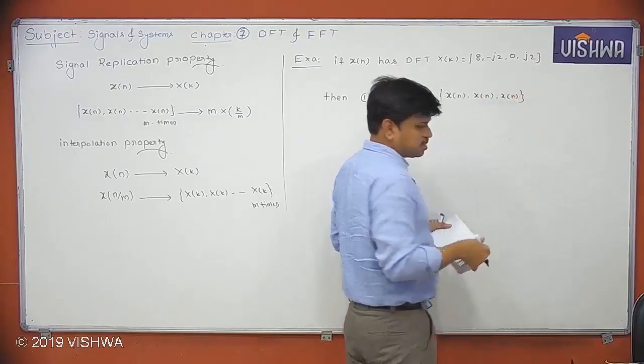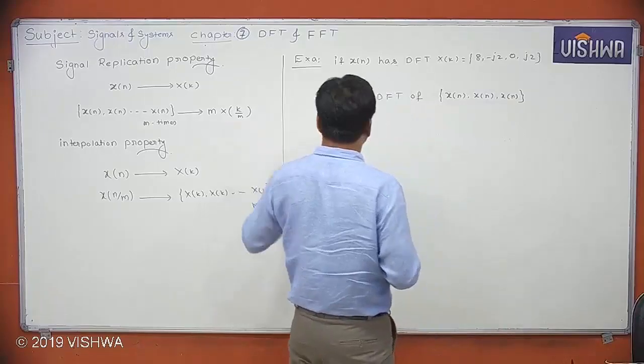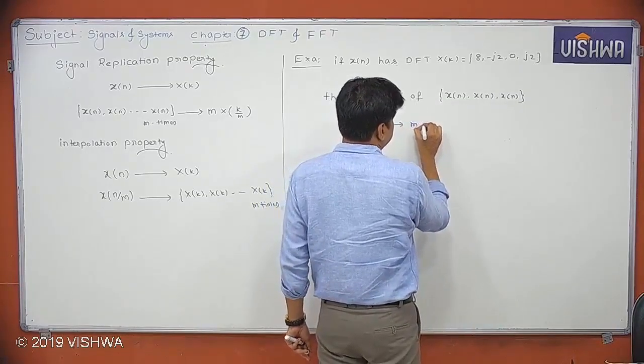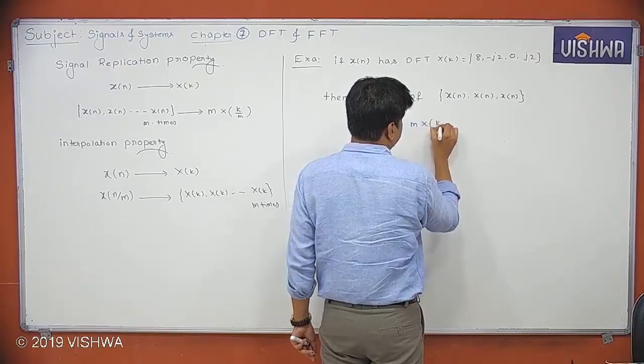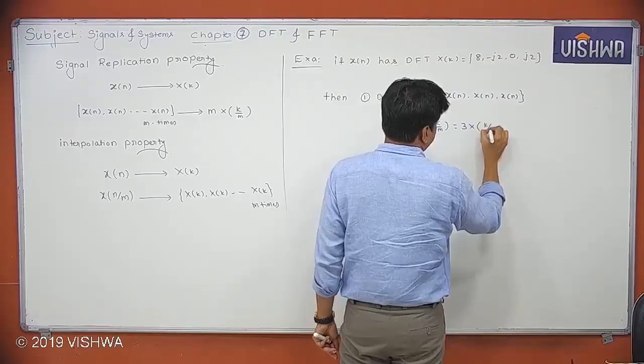So it is a signal replication property. In the signal replication property, the DFT is nothing but m x of k by m, where m is 3.